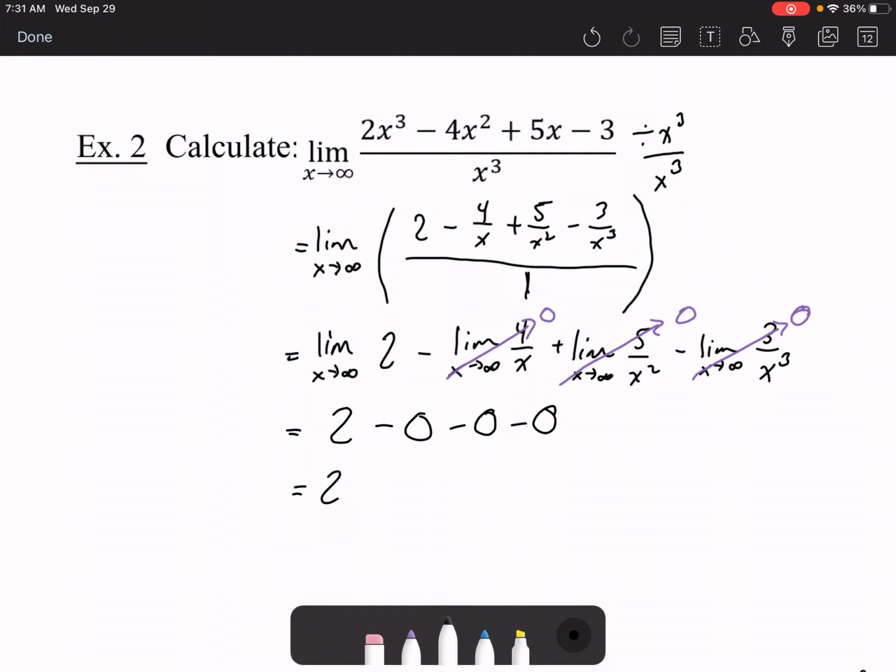And therefore, an end behavior model of this is x cubed over x cubed, or 1. So y equals 2 is the horizontal asymptote. Actually, you didn't need to investigate the end behavior model being 1.